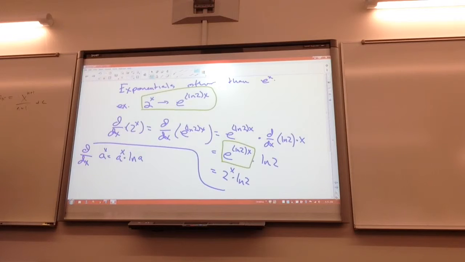Okay? And likewise, again, it's a chain rule. So if I wrote it a to the f of x, it would be a to the f of x times the natural log of a times f prime of x. Okay? They always work out the same way. Any questions there?